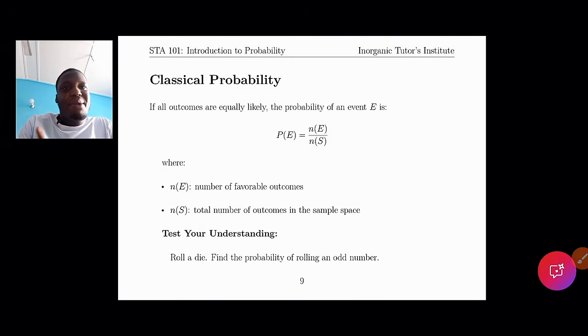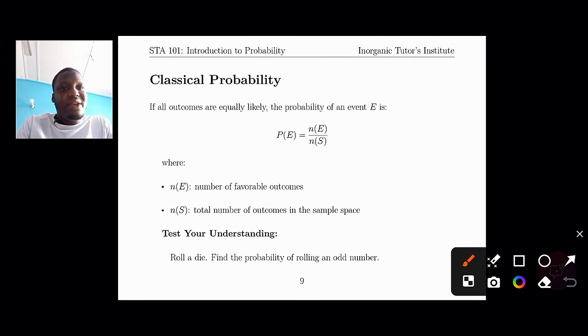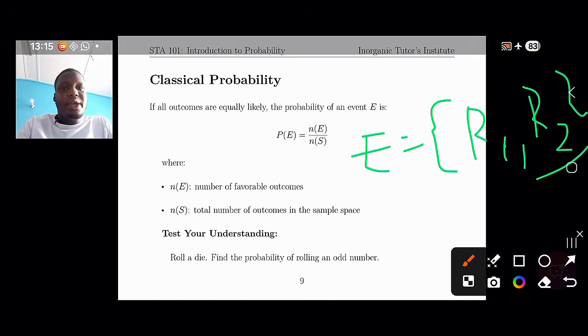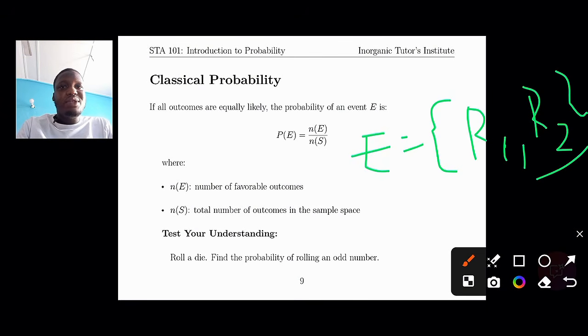So looking at our marble example, if you want the event of selecting a red ball, then we have red 1 or red 2. Now the sample space we listed had 2 red, 3 green, and 1 blue.